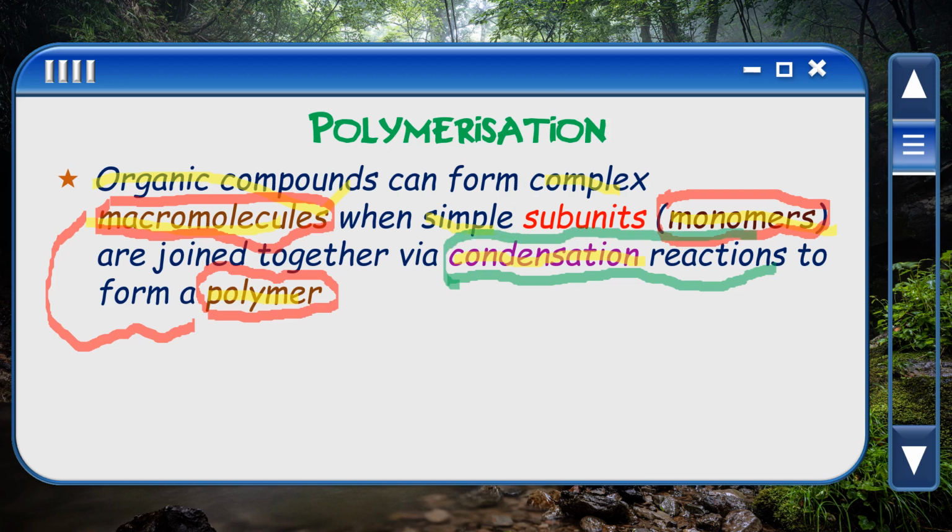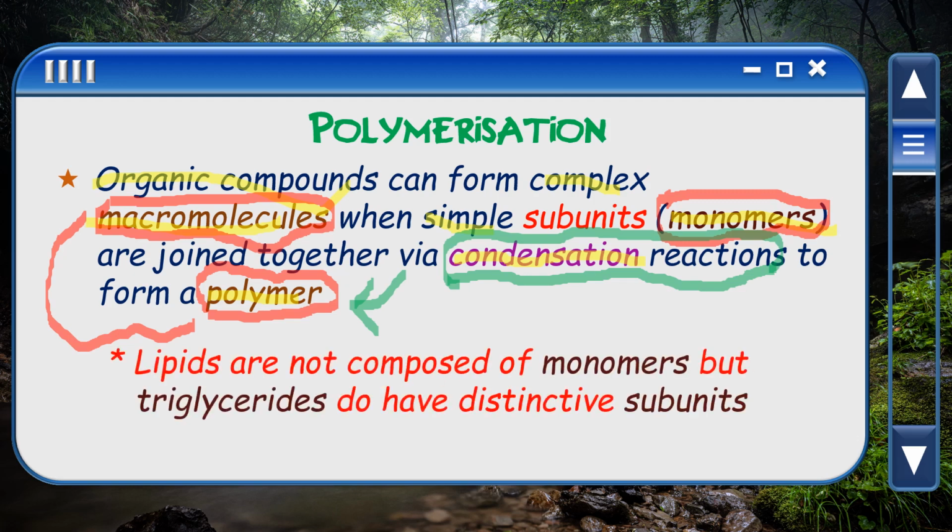And the product that we are going to get is going to be a polymer. And a polymer is the same as a macromolecule. So polymerization is whereby you get a polymer from a monomer. A monomer reacts with a monomer and you get a polymer through a condensation reaction, meaning that we are losing water molecules.